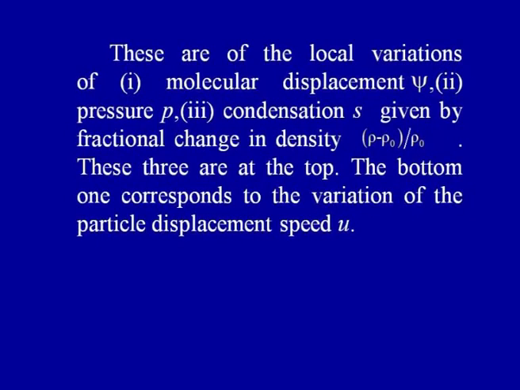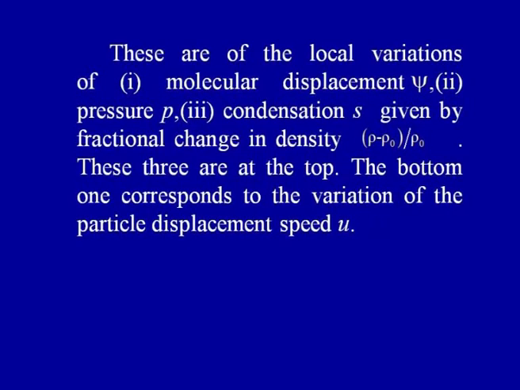So, as a function of x at a given instant of sound propagation, at a given instant of time t, these are the local variations of molecular displacement psi, changes in pressure p, and condensation S, given by the fractional change in density, rho minus rho 0 upon rho 0. These three are at the top. The bottom one corresponds to the variation of the particle displacement speed.